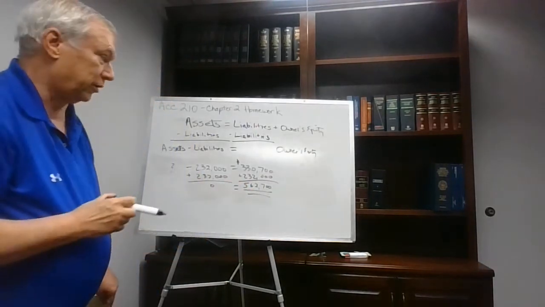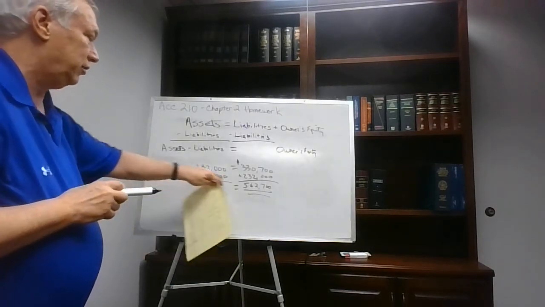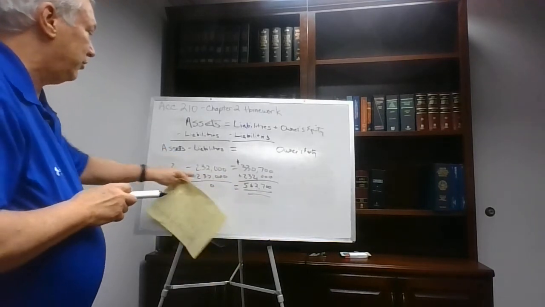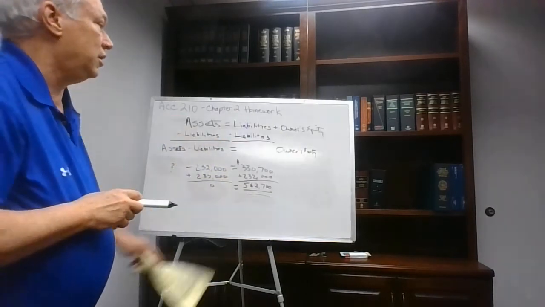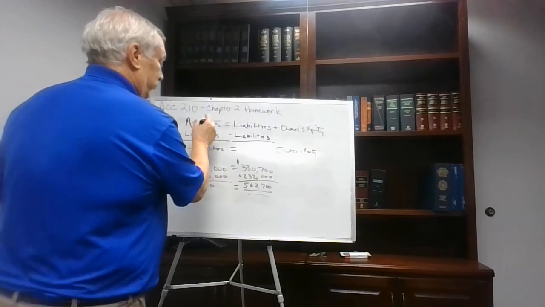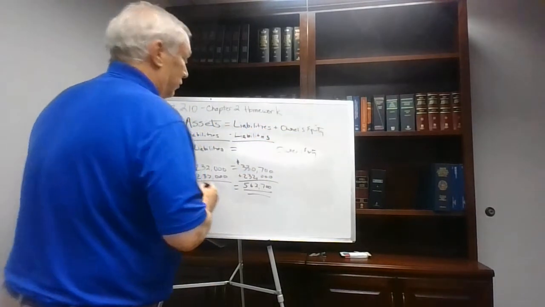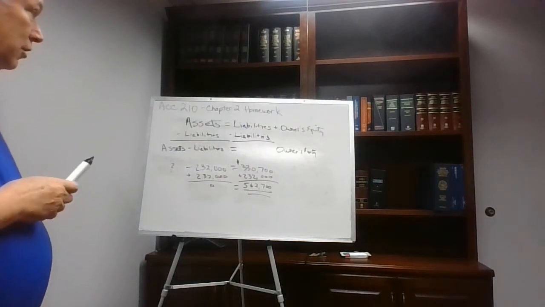Sometimes it confuses people that this number is a lot bigger than what we had over here or over there. But that's because we're solving for assets. If it was assets equals liabilities plus owner's equity, it would be easier to see that you've got 562,700 equals 232,000 plus 330,700.